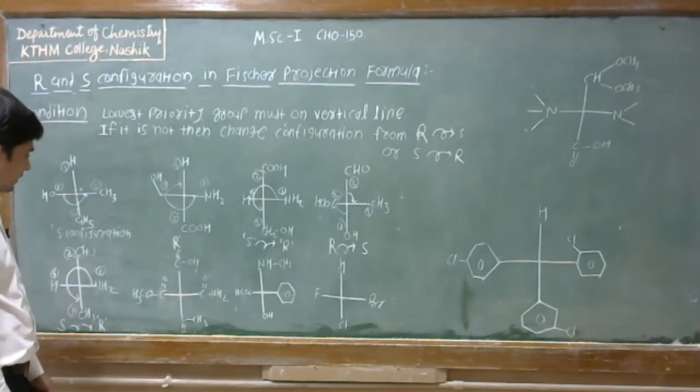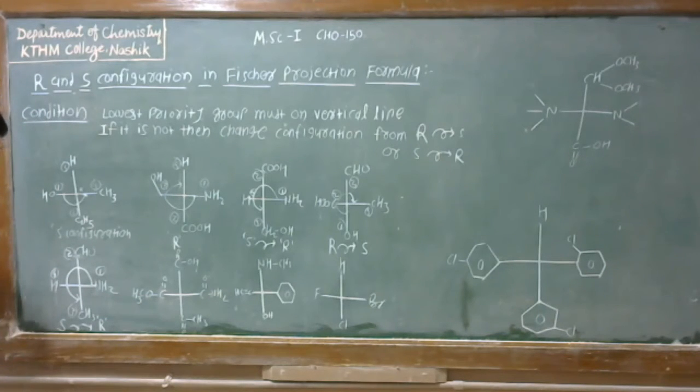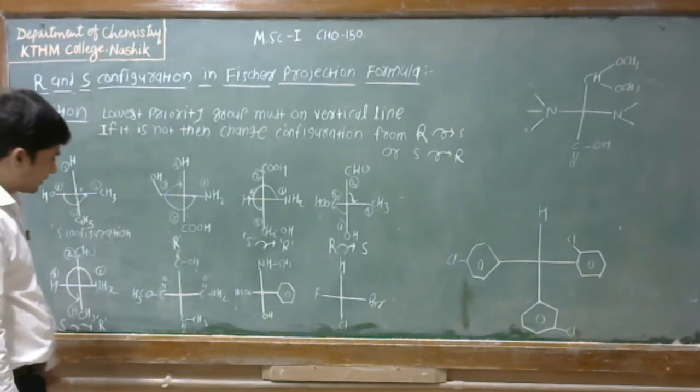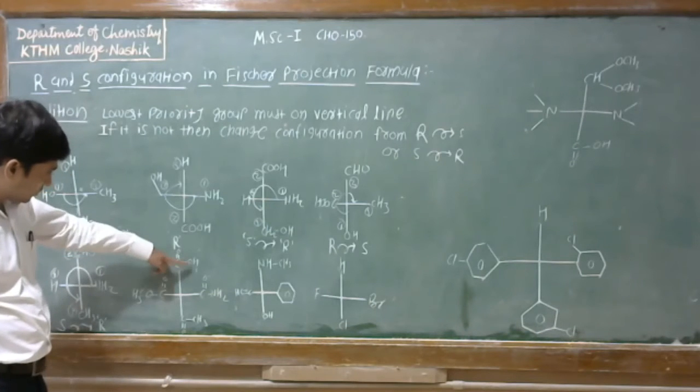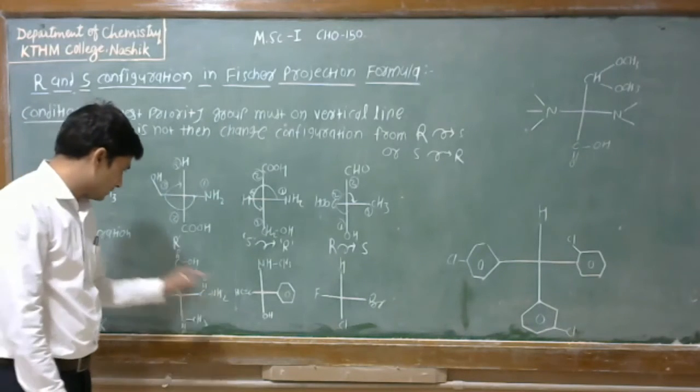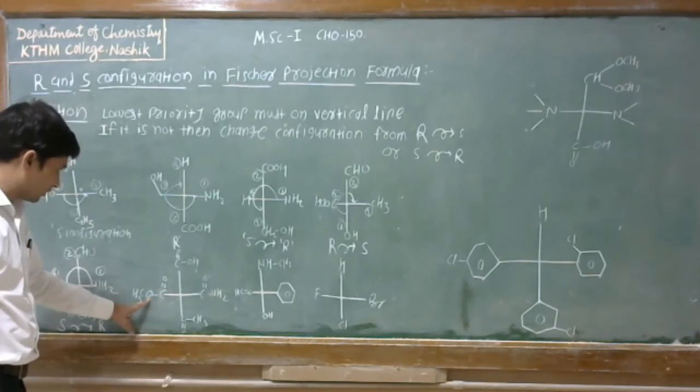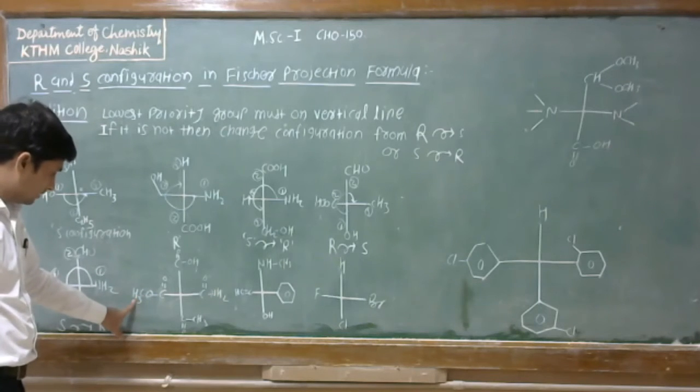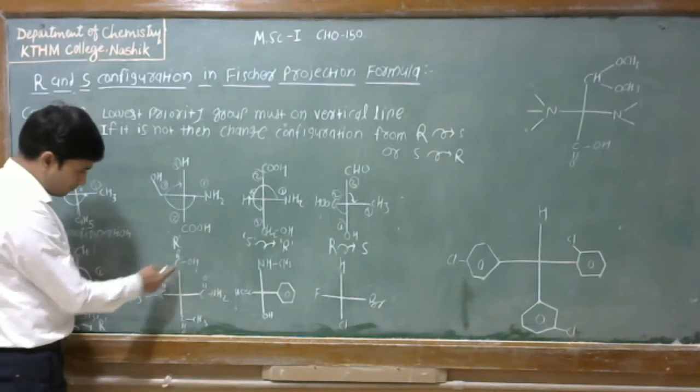We know that oxygen has atomic number 8 and nitrogen has atomic number 7. This carbon is attached to oxygen, this carbon to nitrogen, and this carbon to oxygen and further CH3. Firstly, we have to compare these two groups.